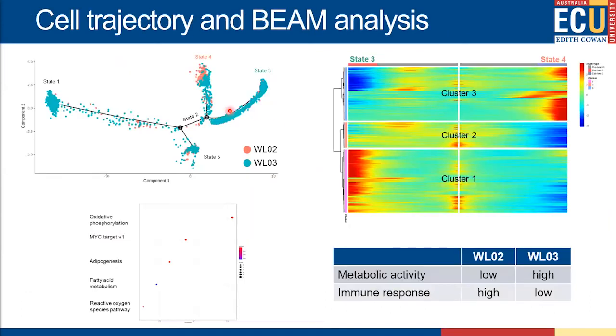But this tumor in segment 2 also has unique characteristics because it was relatively homogeneous compared to the tumor in segment 3, which has high heterogeneity across the different states. And when we compare these two tumors, we also find that there are distinct transcriptional programs, with tumor 3 having active oxidative phosphorylation as well as MYC targets.